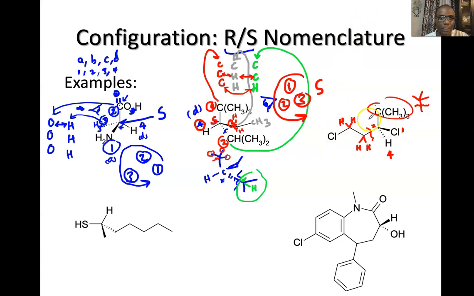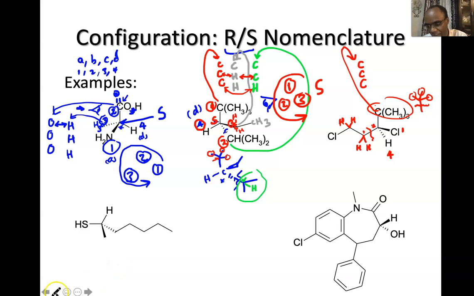Now we'll have to rank what's bonded immediately on this carbon in that column, because carbon and carbon we can't tell, they are the same. So now we look at groups bonded to these two carbons moving forward. So for this carbon moving forward, it's a tert-butyl, so I have 3 carbons if you draw the open structure.